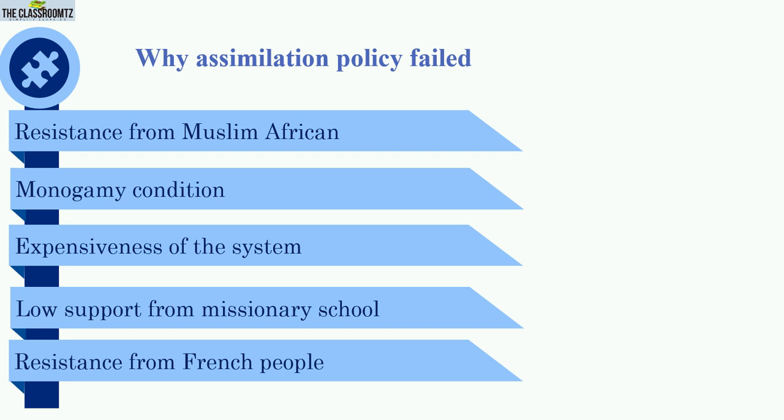Resistance from French people. These French people complained that we are the taxpayers of the French government, and unfortunately our tax is going to be used to change Africans to be French. This is not good. And also they had fear that we are going to have many Africans, and there is a day these Africans can overthrow us.